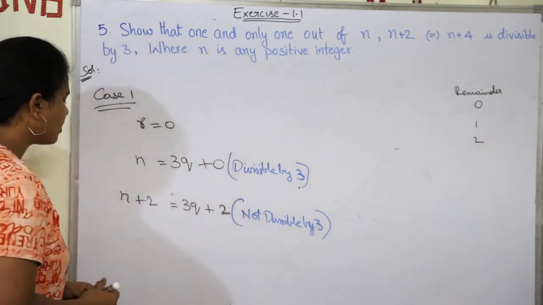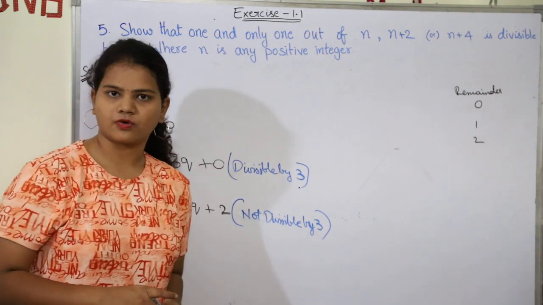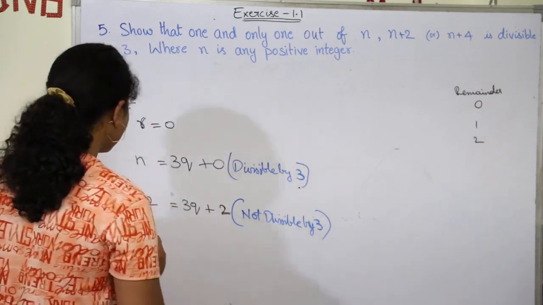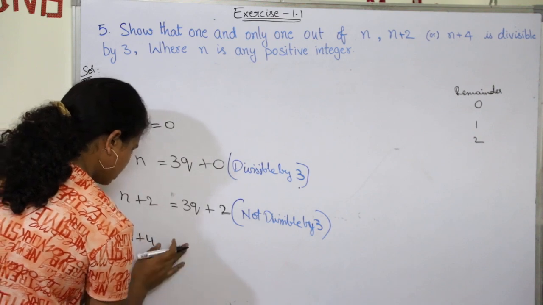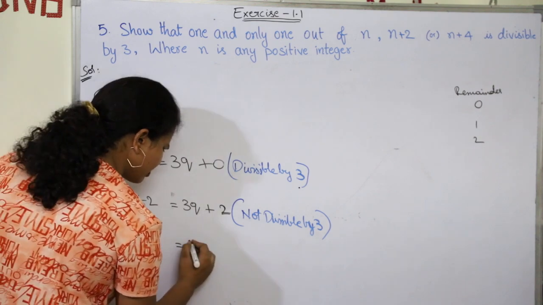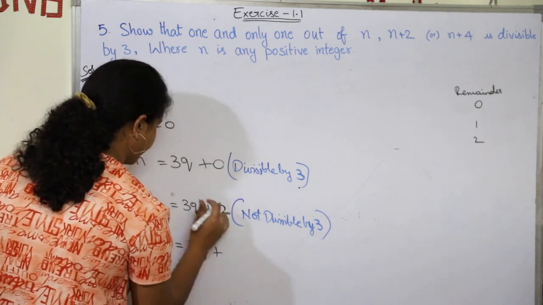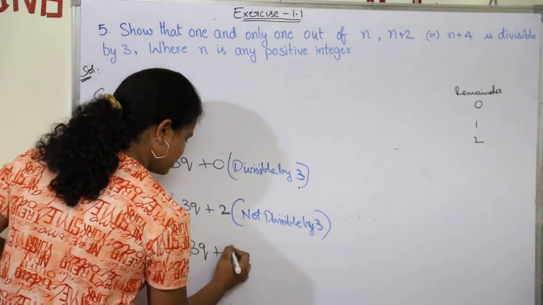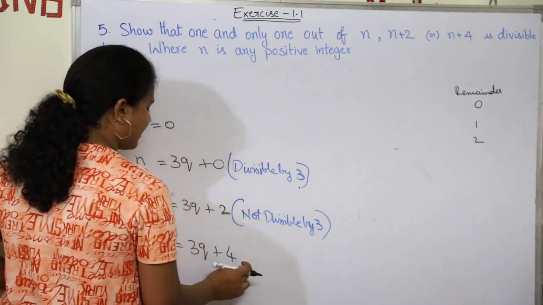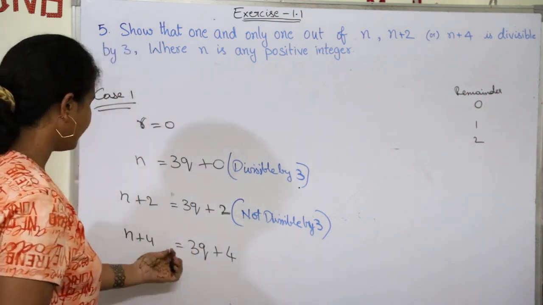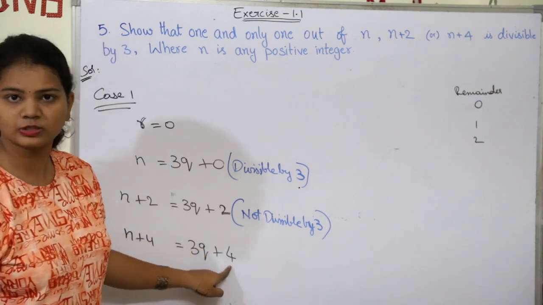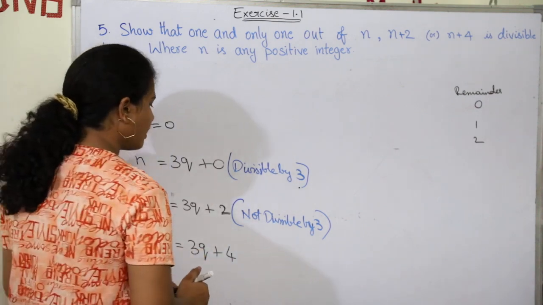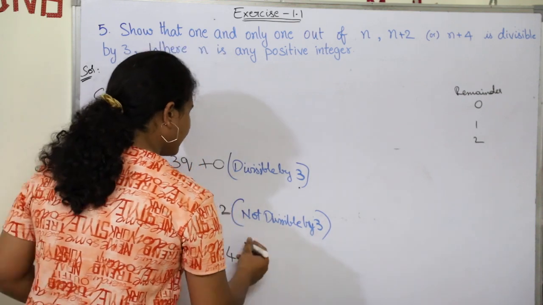Hope you understood. Now let's go for the next one, n plus 4. n plus 4 equals 3q plus 4, where the remainder we got is 4.